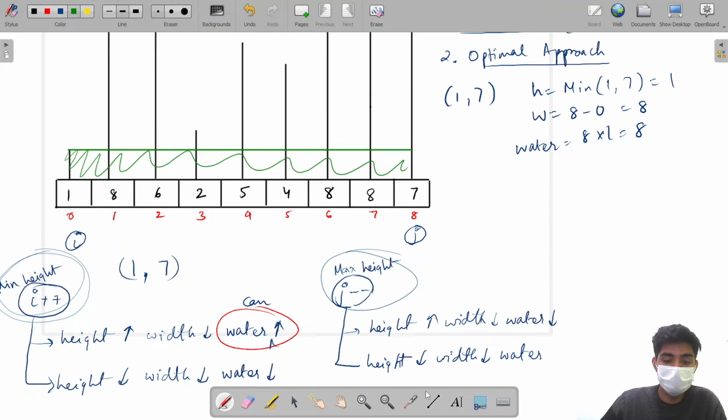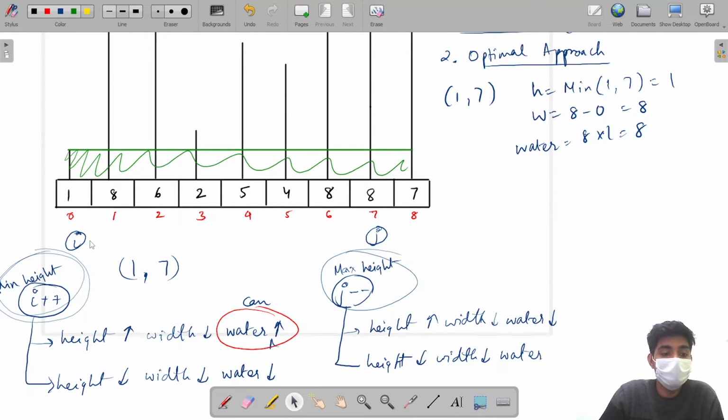But if I reduce my j now, my height will also increase, but my width is decreasing. And I said that my water is going to decrease regardless.